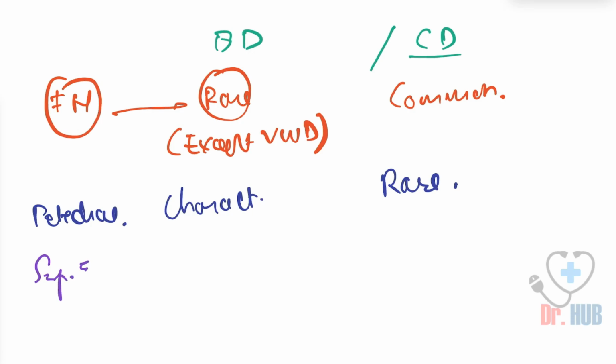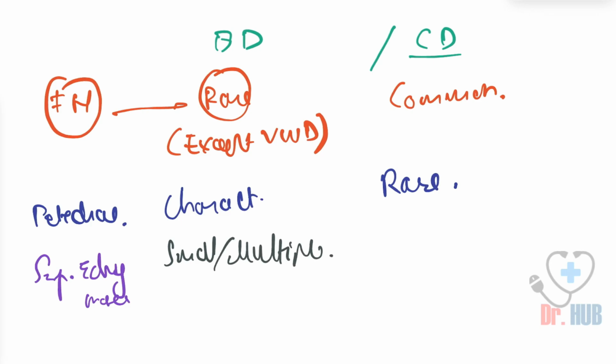So what about the superficial ecchymosis? In bleeding disorder, it is small as well as multiple, whereas in coagulation disorders, the superficial ecchymosis is large as well as solitary.